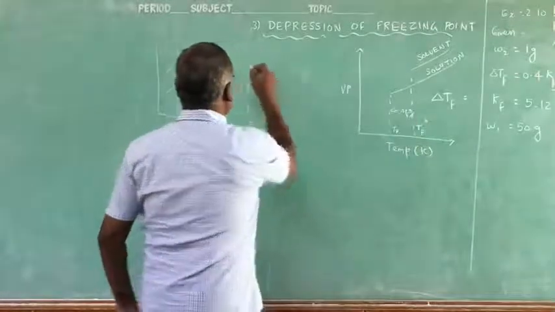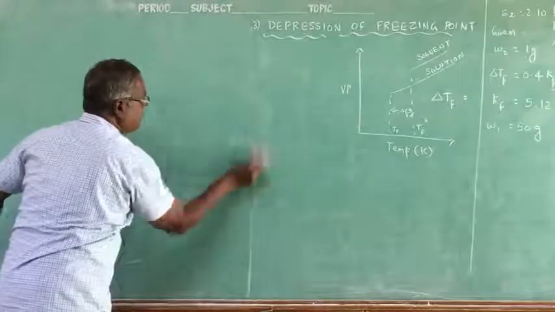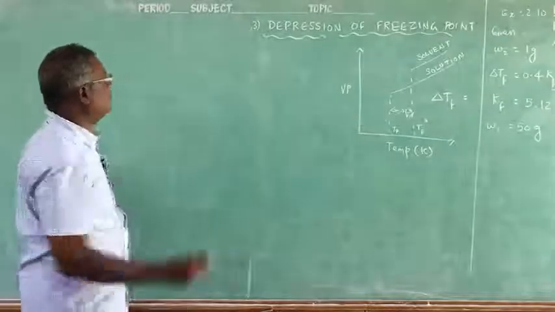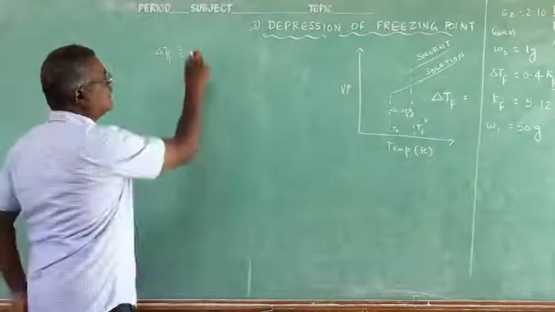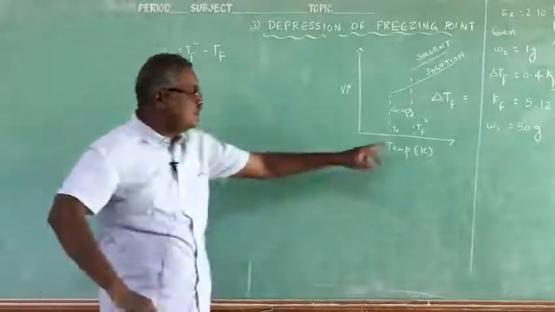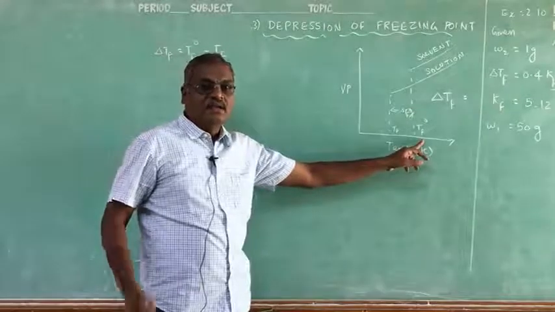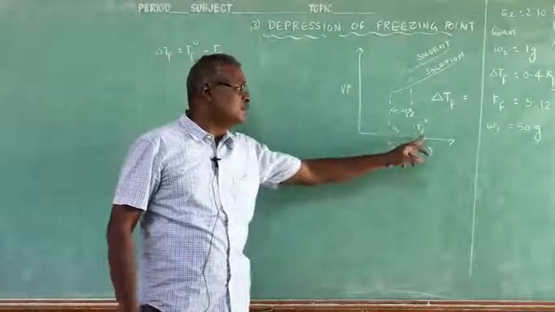So what is delta TF? Delta TF is equal to TF naught minus TF. After adding the solute, the freezing point will lower, so the solvent will have the higher freezing point.